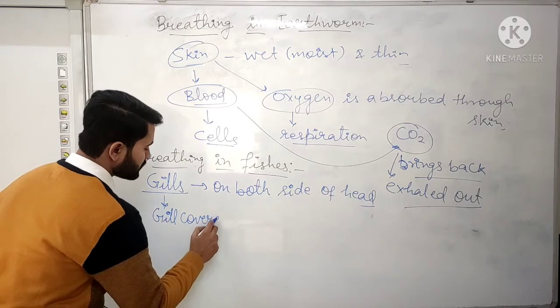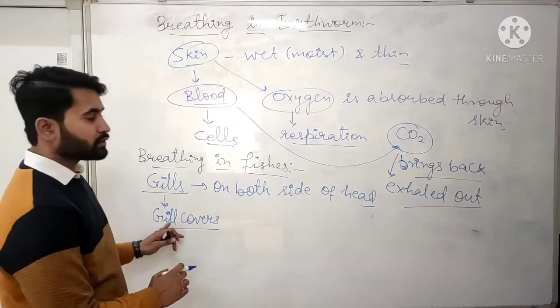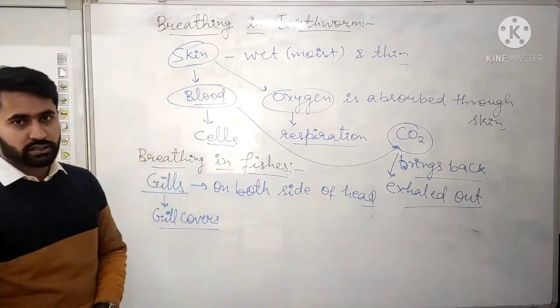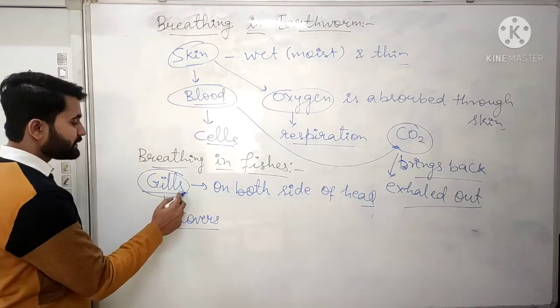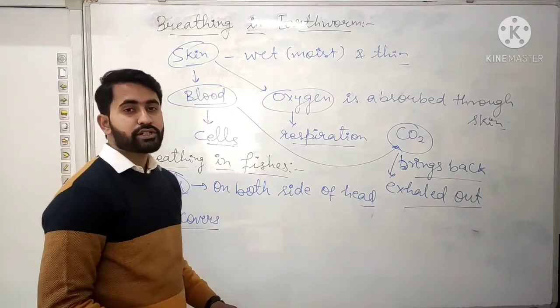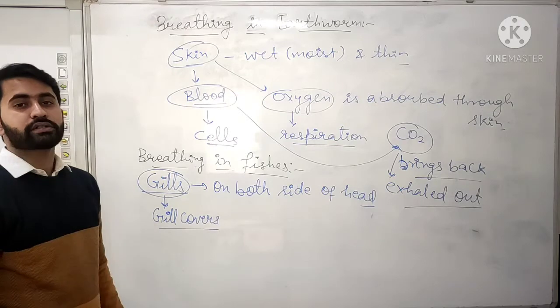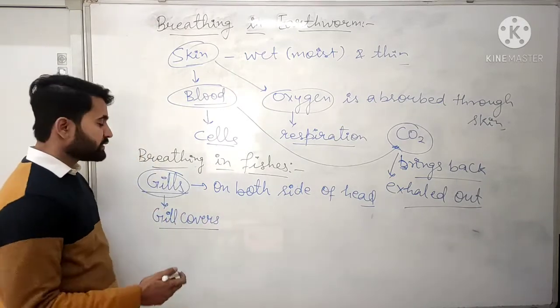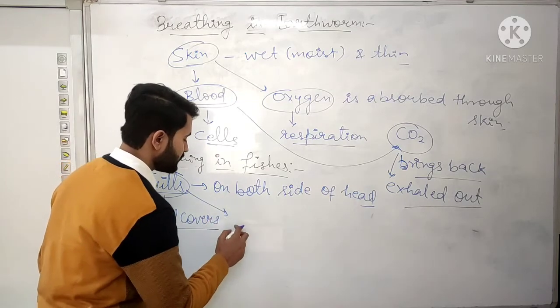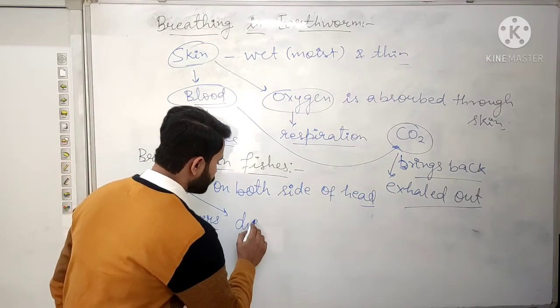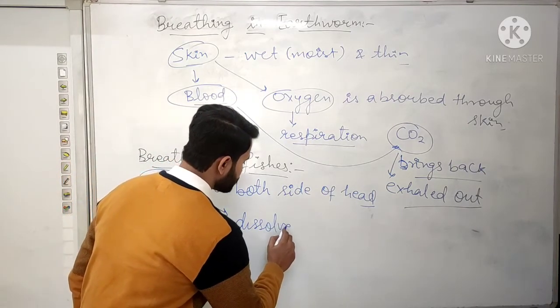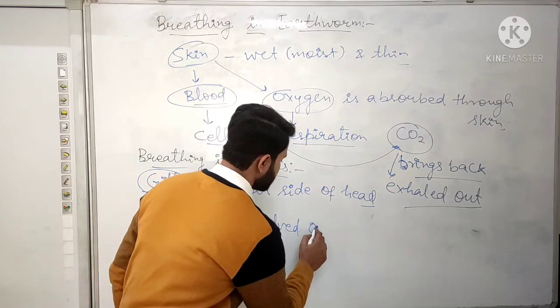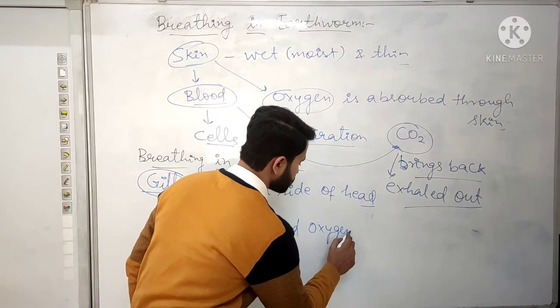That's why the gills are not visible to us from the outside. These gills help the fish to use the oxygen that is dissolved in the water.